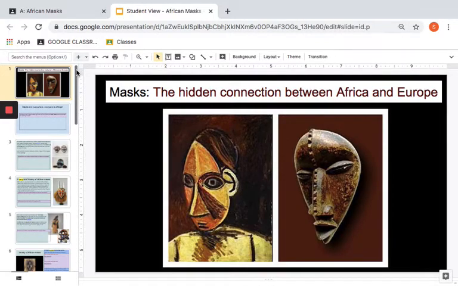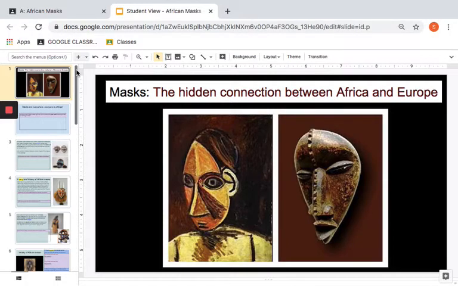So at the end of the assignment, hopefully you will understand the connection between Africa and Europe in terms of art, and then explain what really happened. What was the kind of interaction that happened that is kind of controversial, given the fact that European historians keep on saying that there is no history in Africa. It's just a place of darkness.